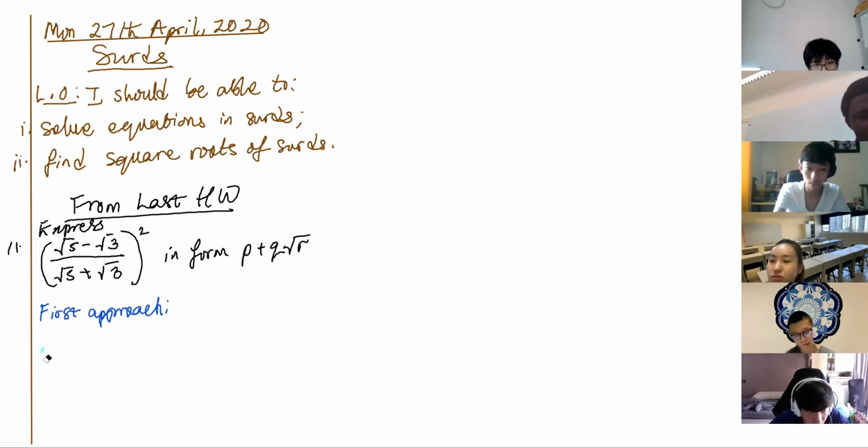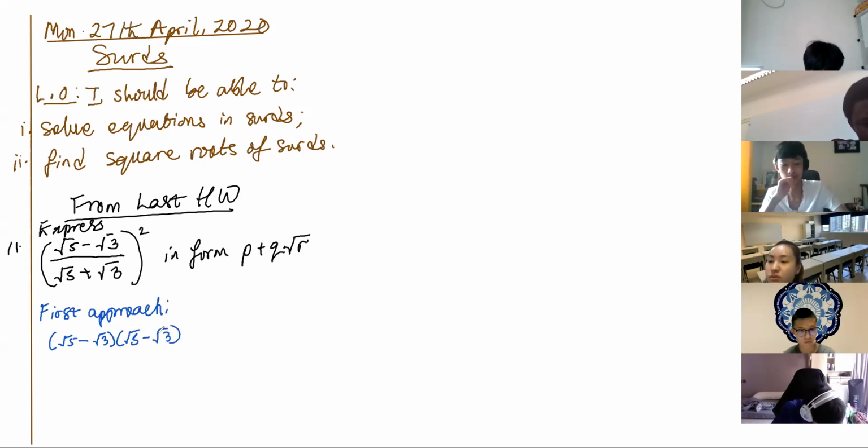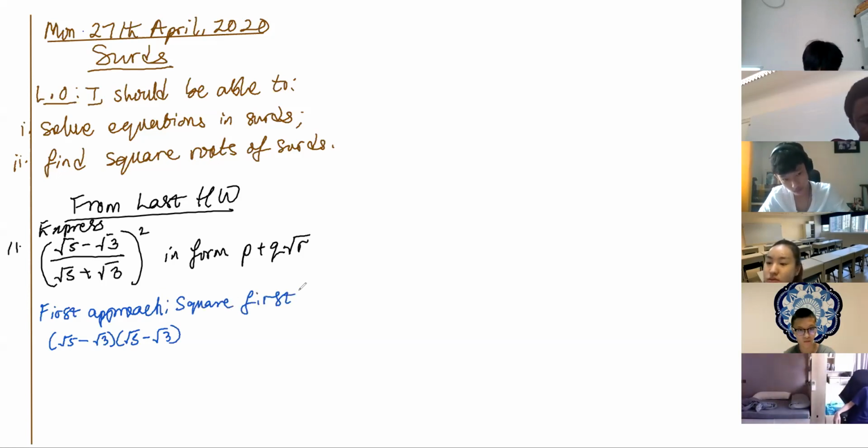So it is root 5 minus root 3, all squared first, divided by root 5 plus root 3.